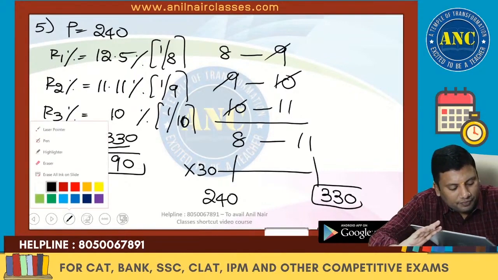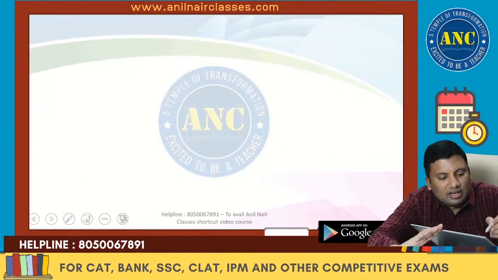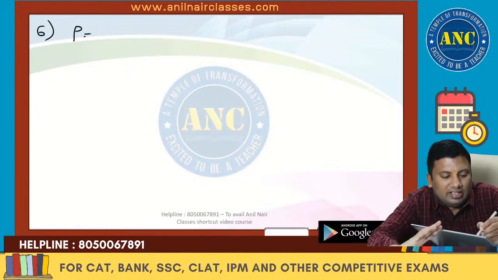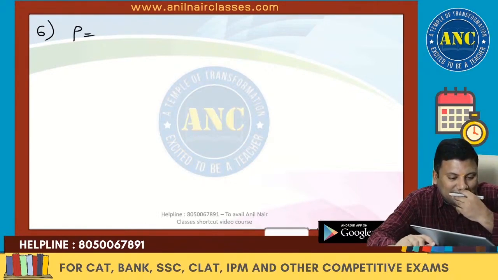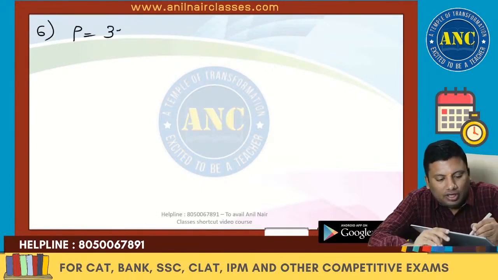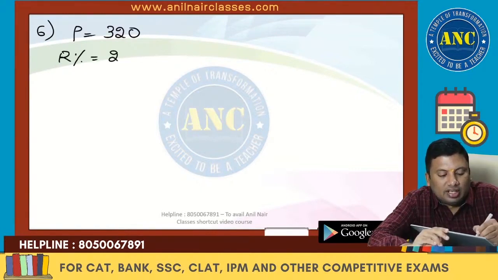Sixth one. Sir, now see here. P is nothing but 320. R percentage is nothing but 25 percentage.